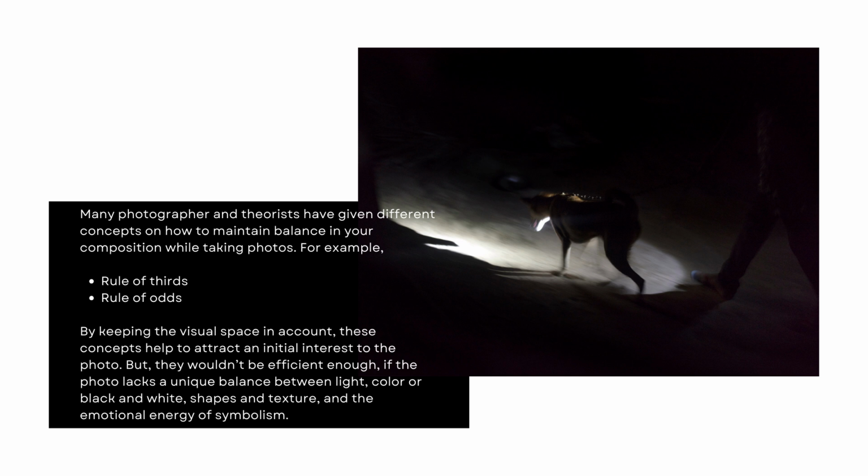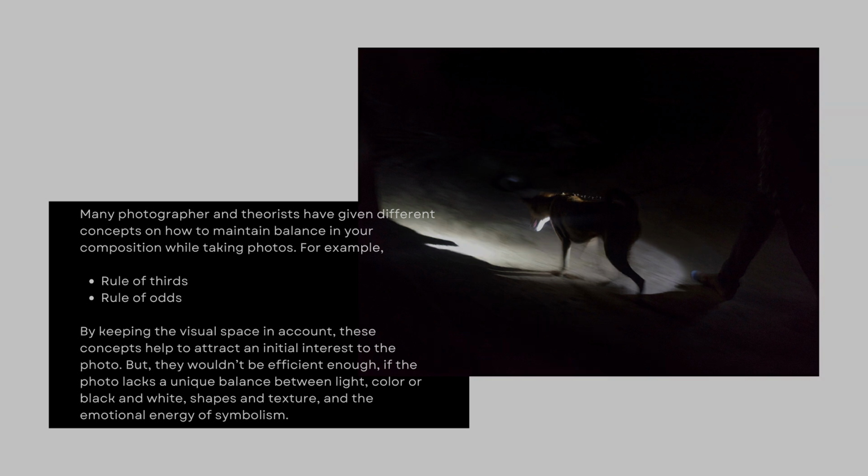So you can use the rule of thirds really well, but if your photo lacks a good balance of colors or black and white, or if the shapes are not really helping the image, or the light is not being used in the best possible way, the photo will become weak.